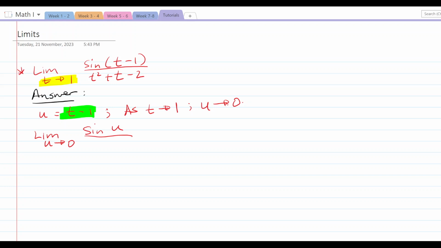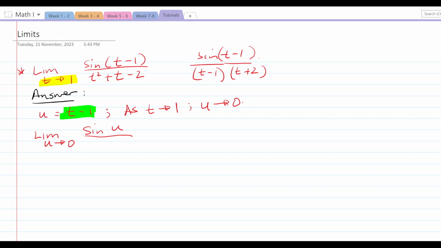Let's see, t squared plus t minus 2 is equivalent to t minus 1 multiplied by t plus 2, if you like. Okay, so now we can continue our u substitution.